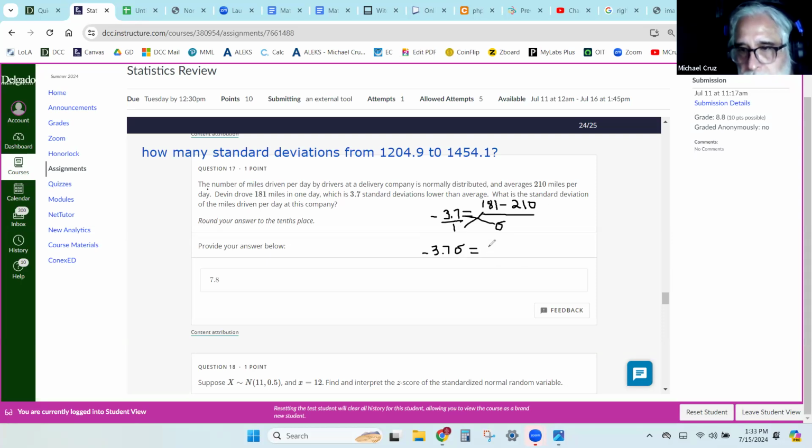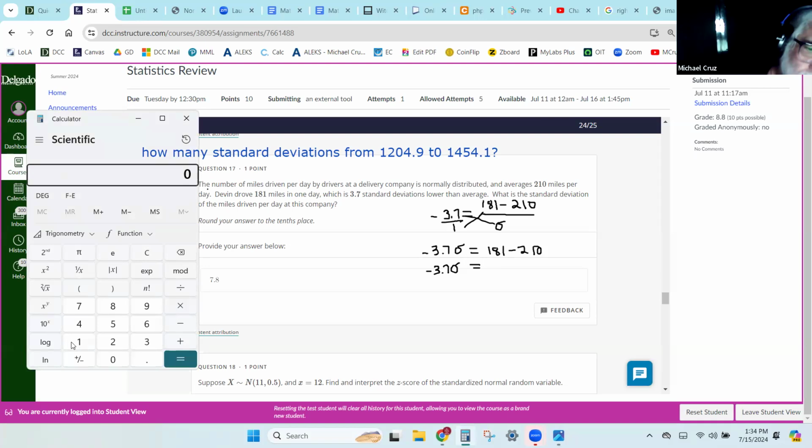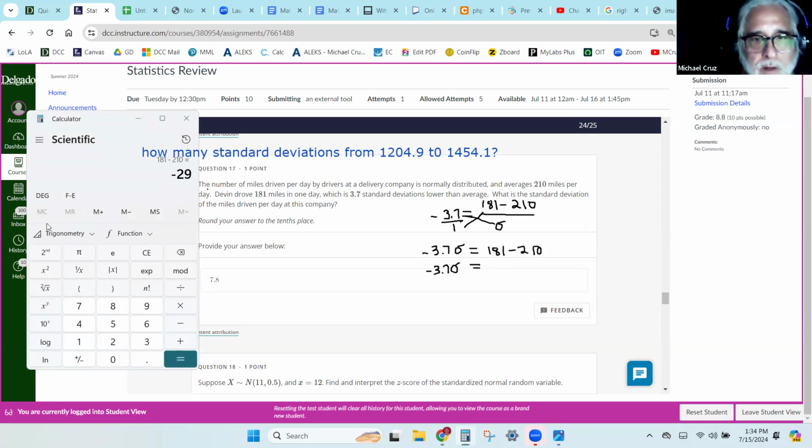And then 1 times that is not changes, and it's just 181 minus 210. And so negative 3.7 sigma is what? So negative 29.